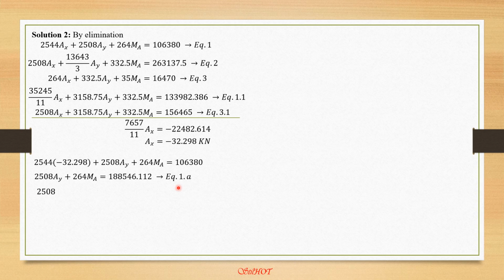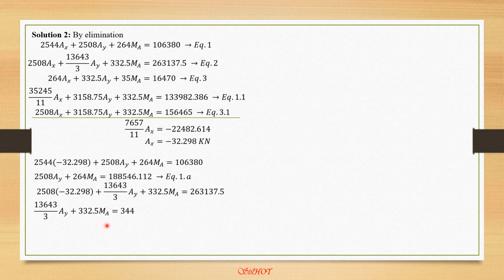Then equation 2: 2508 times negative 32.298 plus 13,640 over 3 AY plus 332.5 MA equals 263,137.5. Then we substitute the value of AX. So equation 2 becomes 13,640 over 3 AY plus 332.5 MA equals 344,140.884. So call this equation 2A.